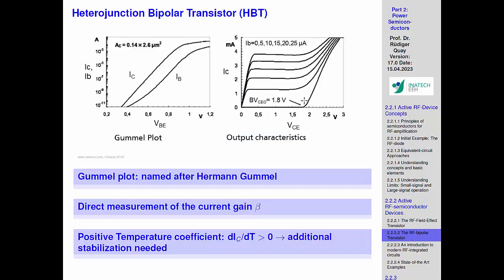There's also one drawback of the bipolar. You have to be a bit careful with the temperature, because a bipolar transistor in large amounts of this output characteristic has a positive temperature coefficient.